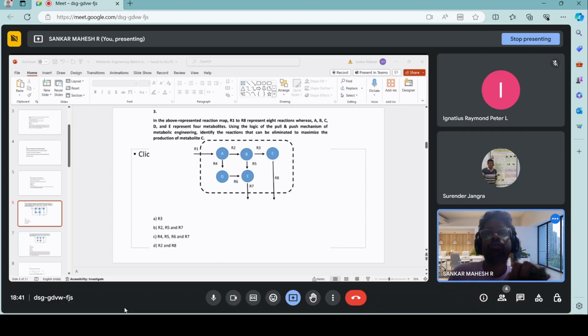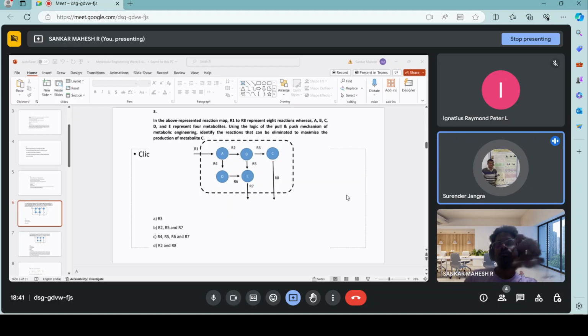Now, instead of going directly to the answer, we can first discuss how eliminating a particular reaction would either improve or decrease the production of metabolite C. You can start with any option that you want to discuss. In this we have to block the competitive path also.